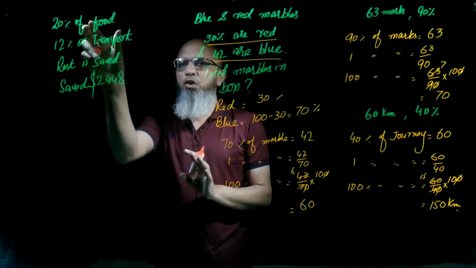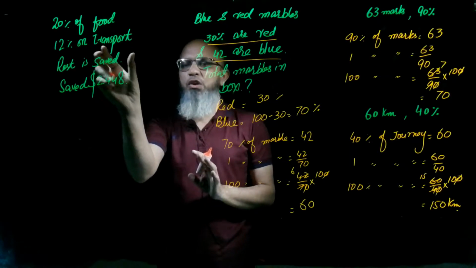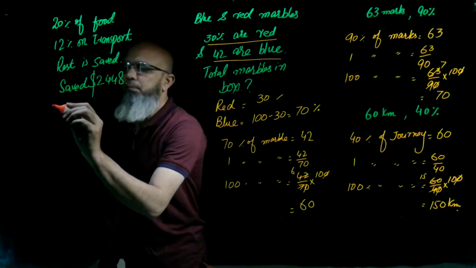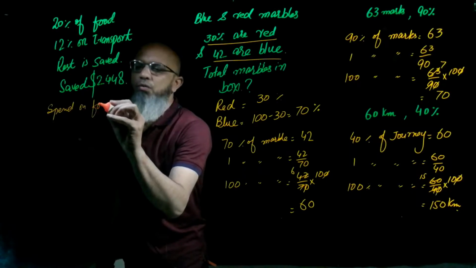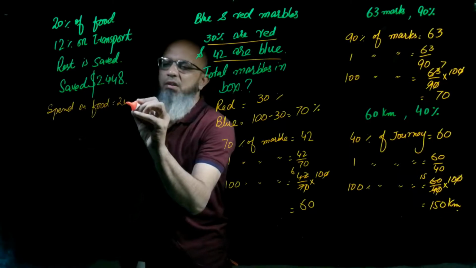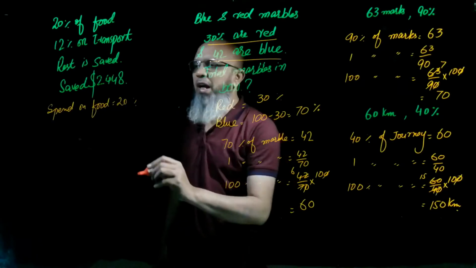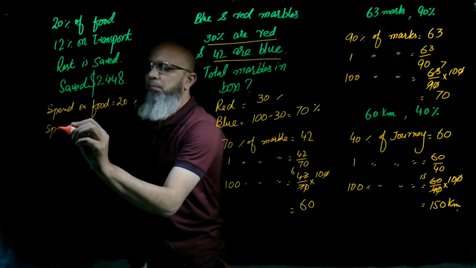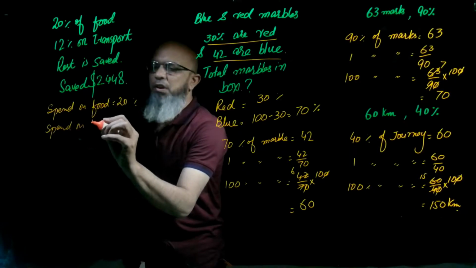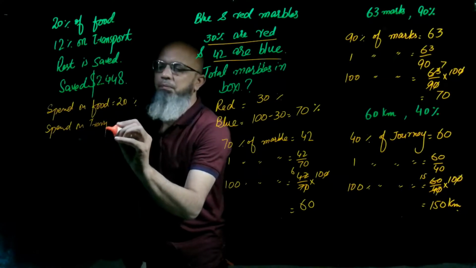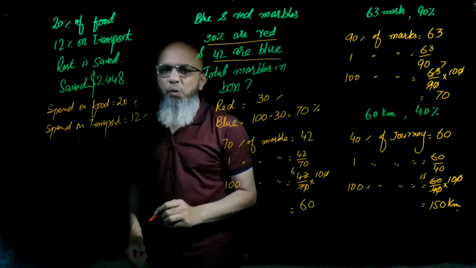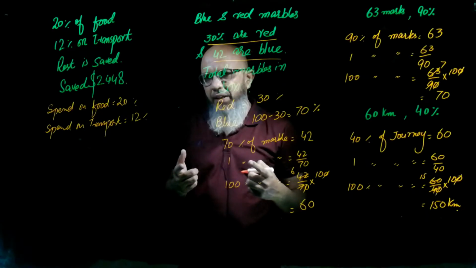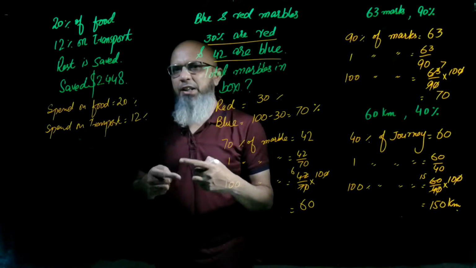She spent 20% on food and 12% on transport, right? You can write here: spent on food, that is 20%, and spent on transport, that is... So what is her total spending? How much percentage did she spend?